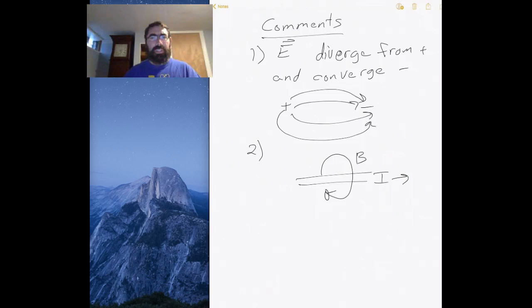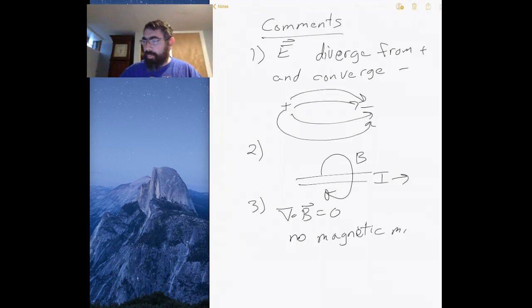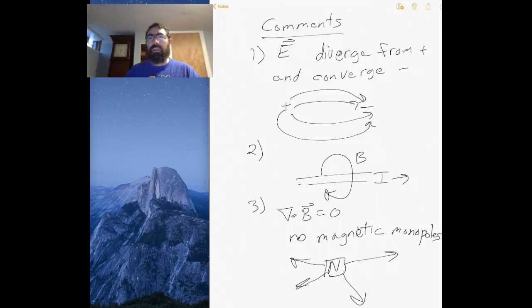I've already mentioned that divergence of the magnetic field equal to 0 basically implies that the field lines have to converge back. So another way of saying that is there are no magnetic monopoles. I can't just have a north pole magnet where I have the magnetic field diverging away from it.